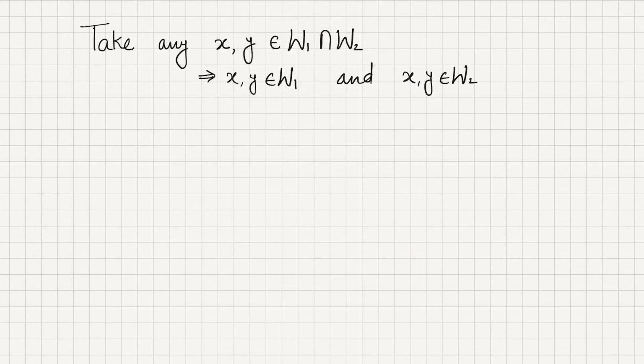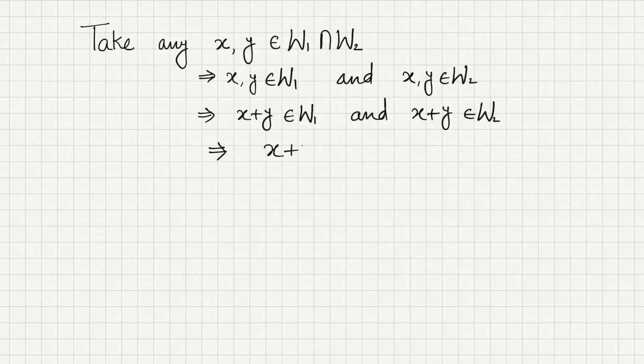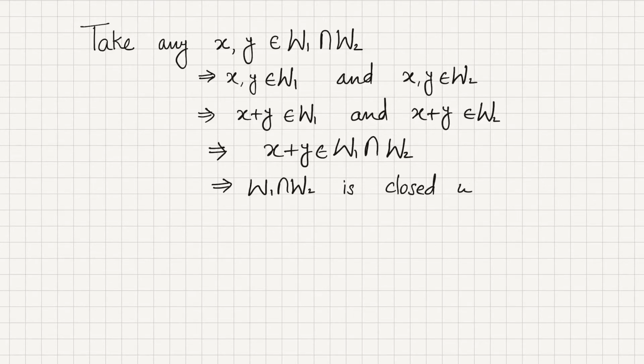And we know that W1 and W2 are subspaces of V, so their addition must be in W1 and W2 by the property of subspaces. Because their addition is in W1 and W2, it will be in the intersection also. So this set is closed with respect to addition.